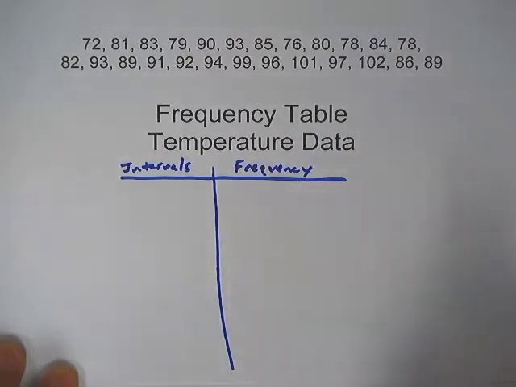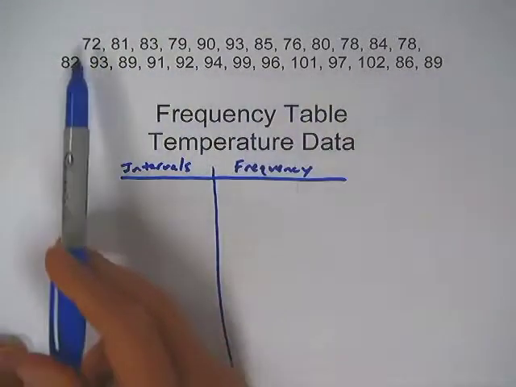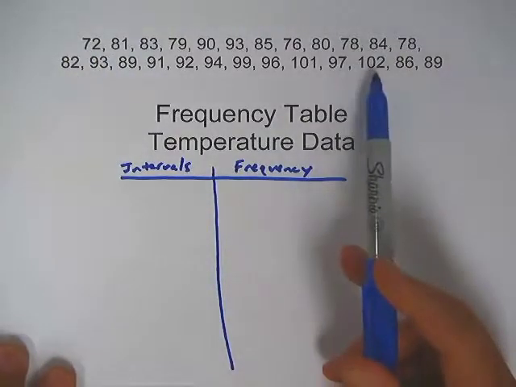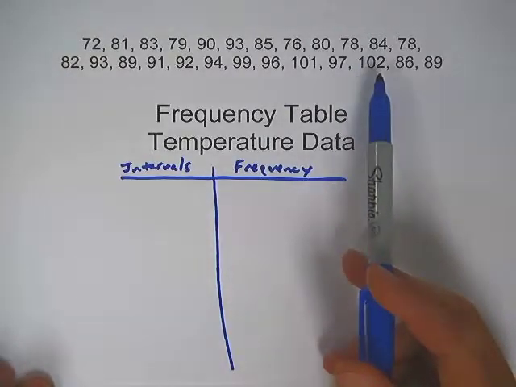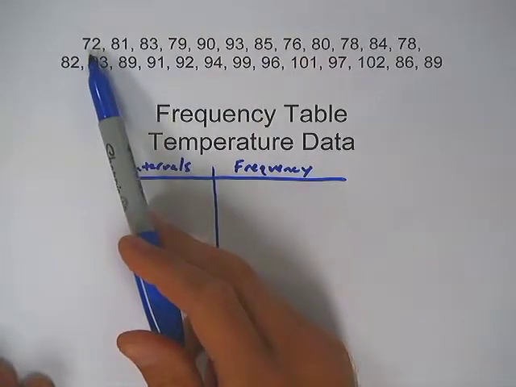The first thing we need to look at when we're setting up our intervals is the very smallest value, which is 72. We also want to look for the largest value, which we said was 102. Now, if we're using interval widths of size 5, it probably wouldn't make sense to go from 72 to 77.